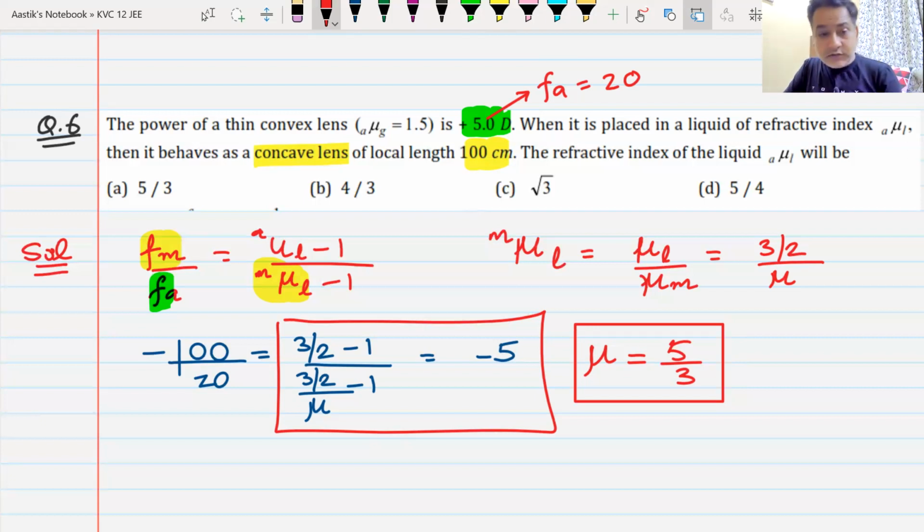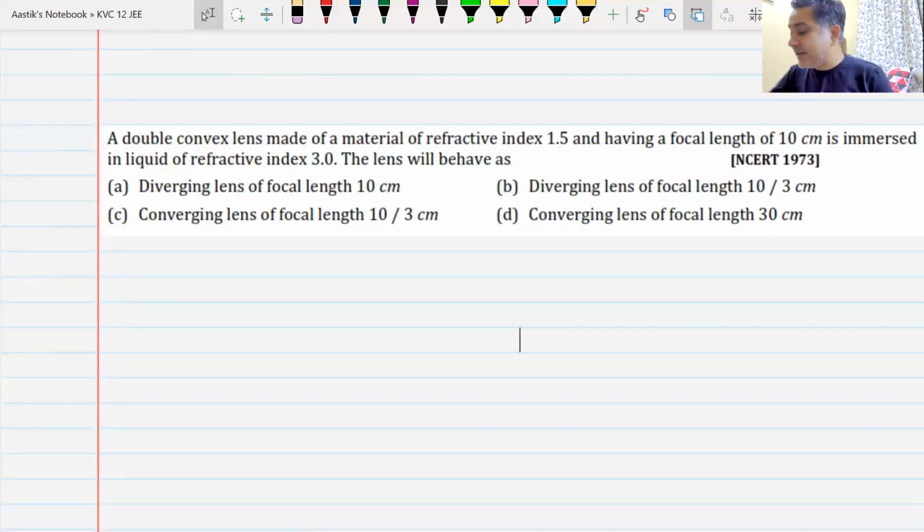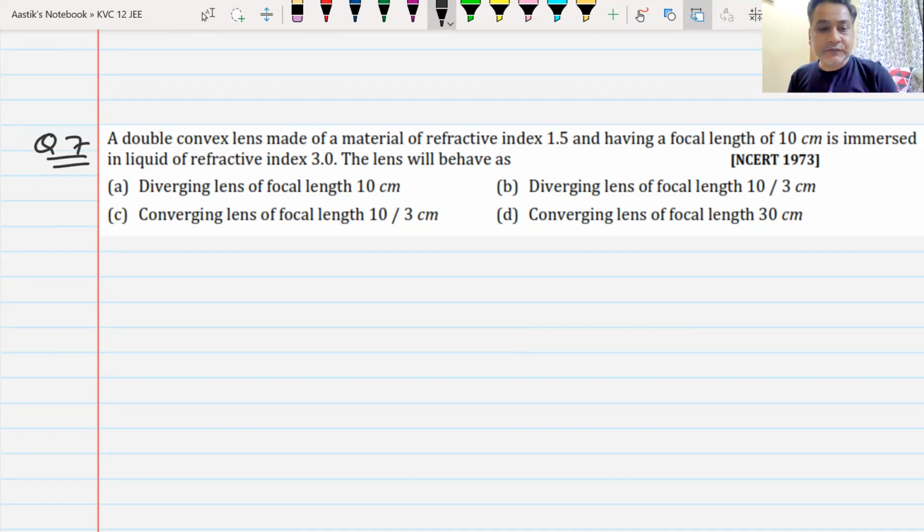Anyways, have you noted it down, everyone? Yes, sir. This is the next question. It has come many times in JEE. It's a very old question, and I hope that you can solve it with your own hands.